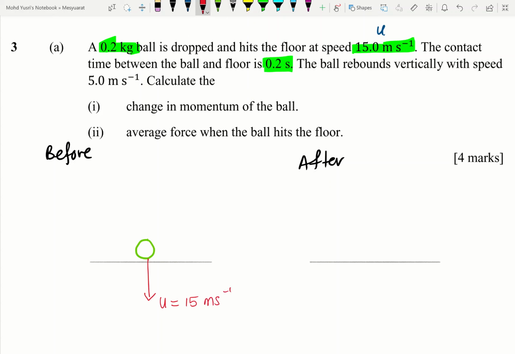So masa pelanggaran is 0.2 second. The ball rebounds vertically with speed 5 meter per second. Then after the collision, after the ball hit the floor, the ball rebounds. Dia melantun balik, but with speed V, 5 meter per second. Now, we want to calculate the change in momentum.